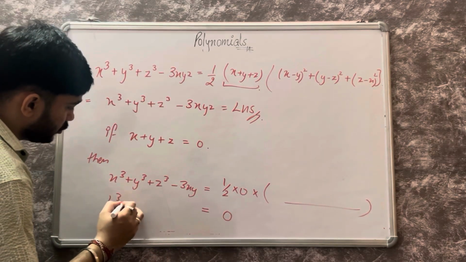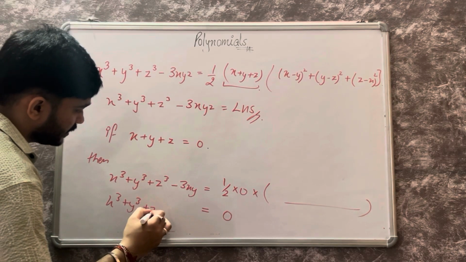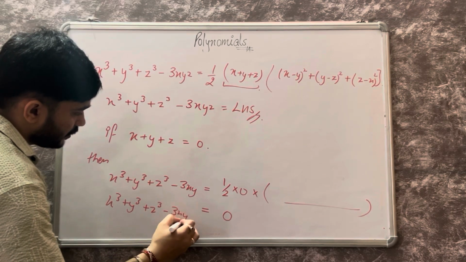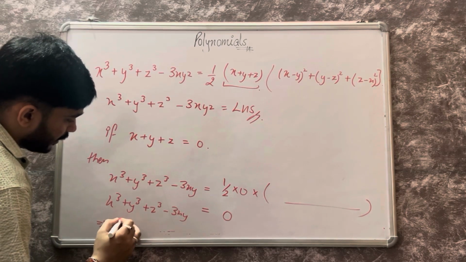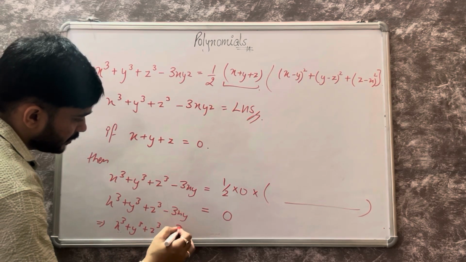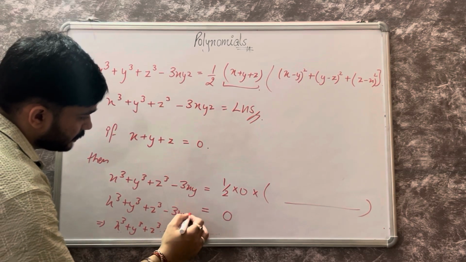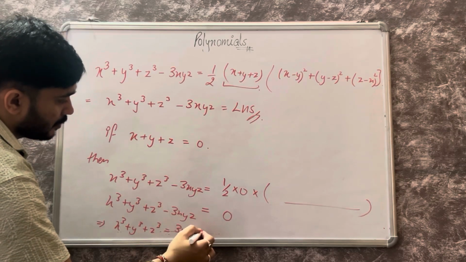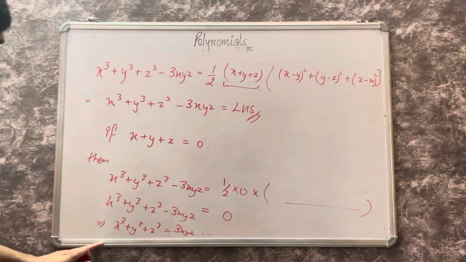So x cube plus y cube plus z cube minus 3xyz is 0, so we write it as x cube plus y cube plus z cube equals 3xyz. Any doubt? This is quite the result that we want.